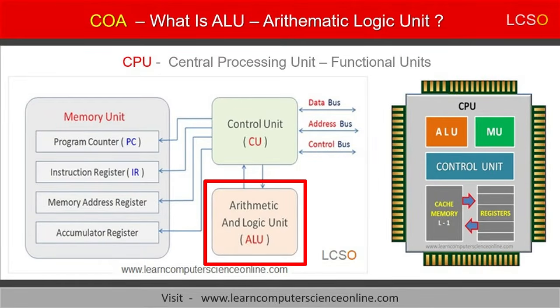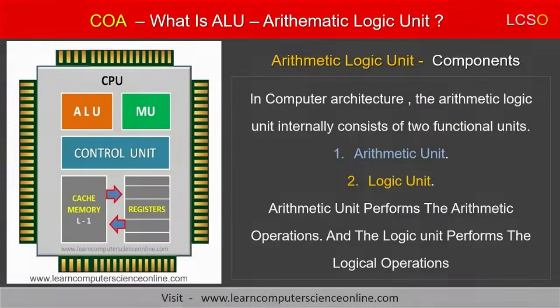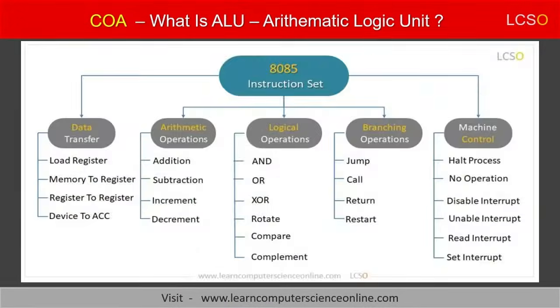The arithmetic logic unit essentially performs both arithmetic operations and the logic operations necessary to operate on the data. The arithmetic operations performed by the arithmetic logic unit include all the mathematical calculations, such as addition, subtraction, division, and other such arithmetic functions.